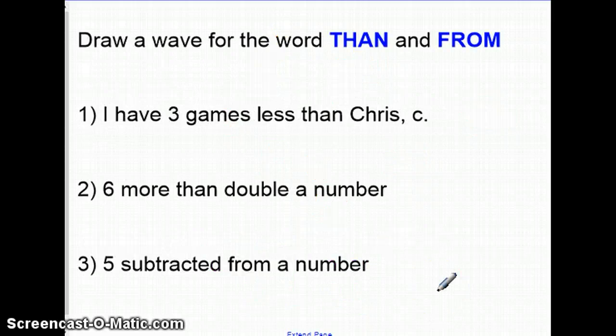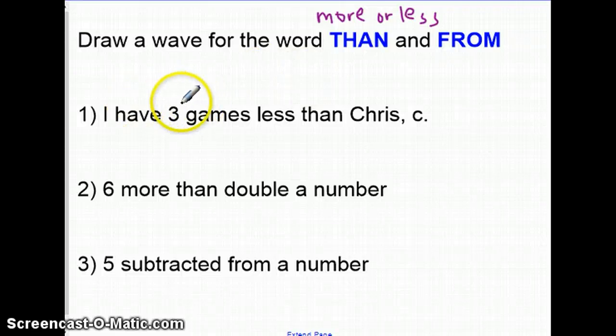Lastly, every time you see the words more than or less than, and if you see the word from, you're going to think of switching the order. You could create a wave to remember. So let's look.